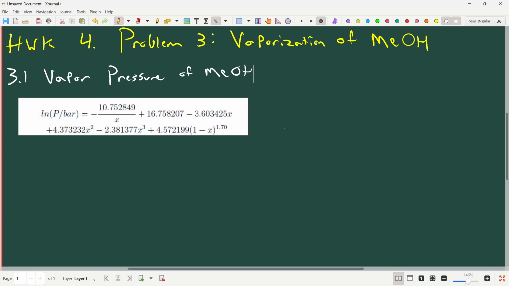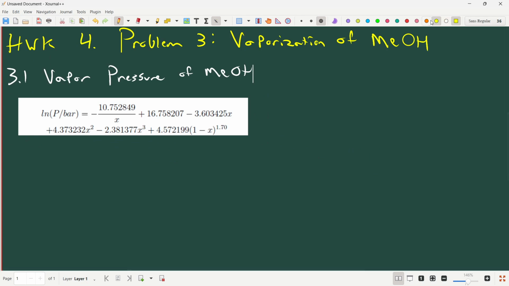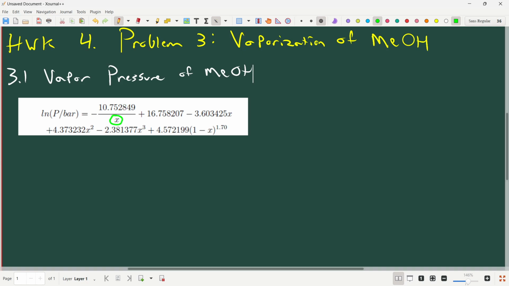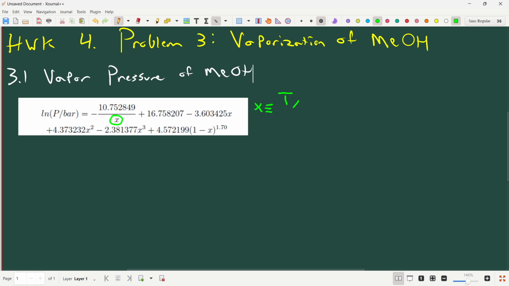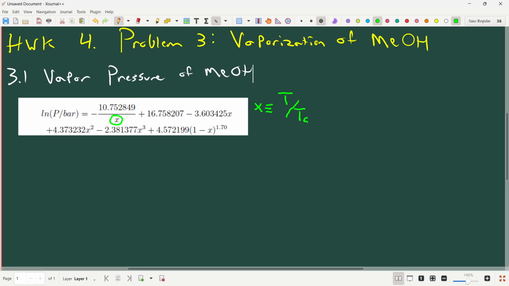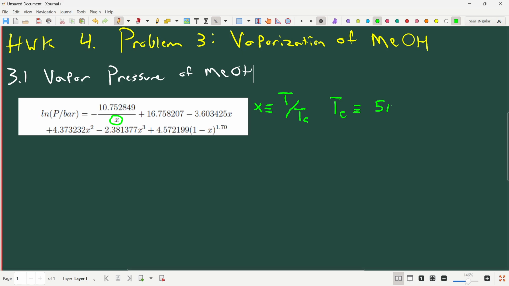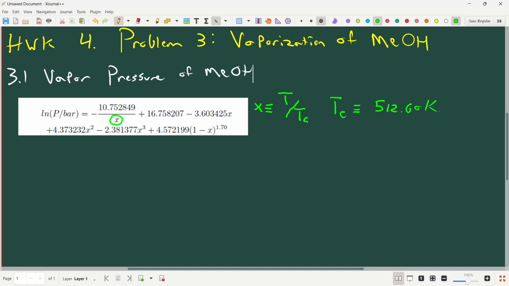A couple things I want you to note: this formula is a function of the variable x, and x is defined as T, the temperature, divided by the critical temperature. I give you the critical temperature for methanol, 512.60 Kelvin.